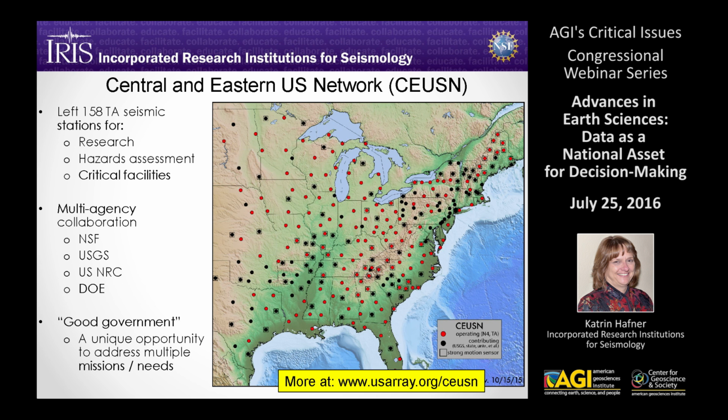And it serves a number of purposes for the different agency needs. So the Nuclear Regulatory Commission can monitor seismicity around nuclear power plants, and you can look at things like seismicity related to fluid injection operations and that sort of thing. So this was a great opportunity to use this data for a number of different needs.